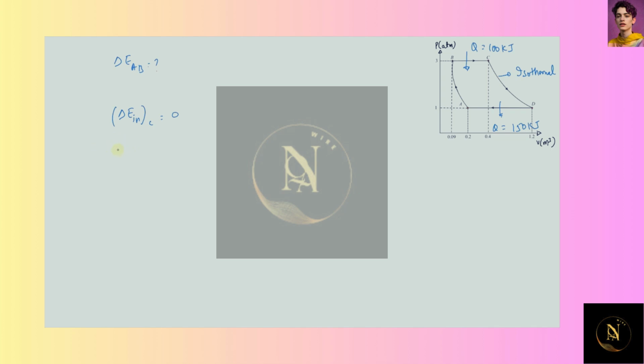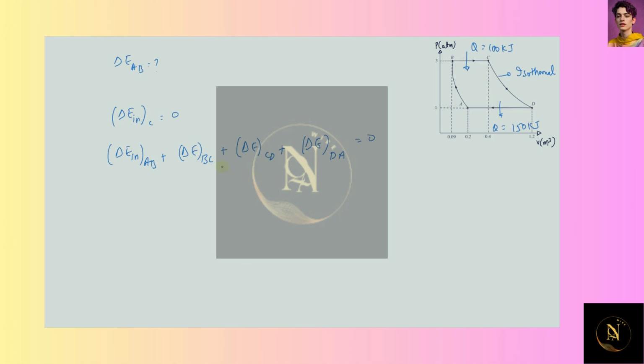So it means the internal energy change for the process AB plus BC plus CD plus DA will be equal to 0.